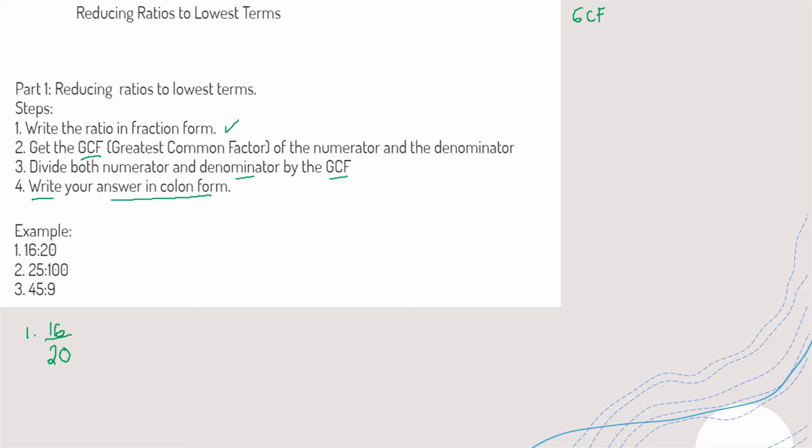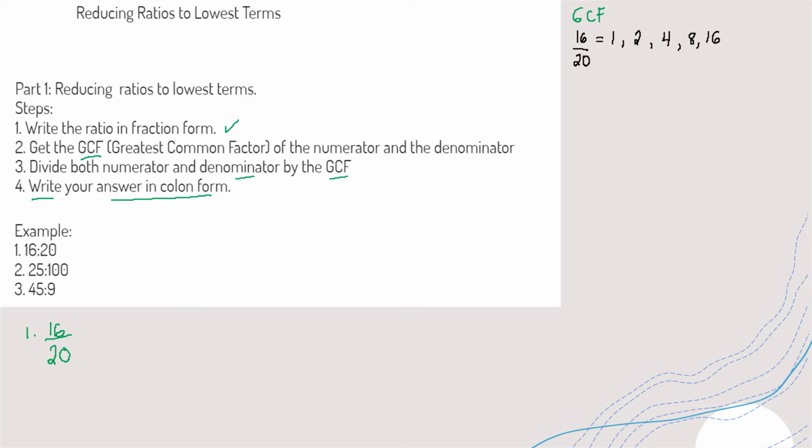So this is the solution area, or the scratch area. We have here 16 over 20. What are the factors of 16? I'll list them down: 1 times 16, 2 times 8, and 4 times 4.